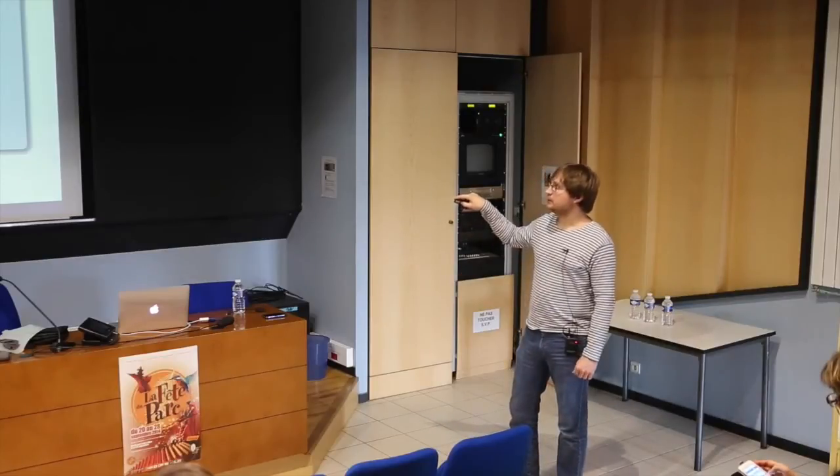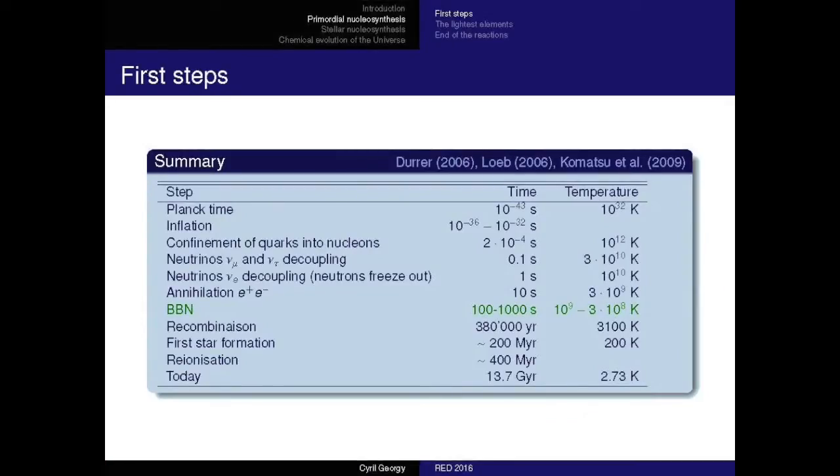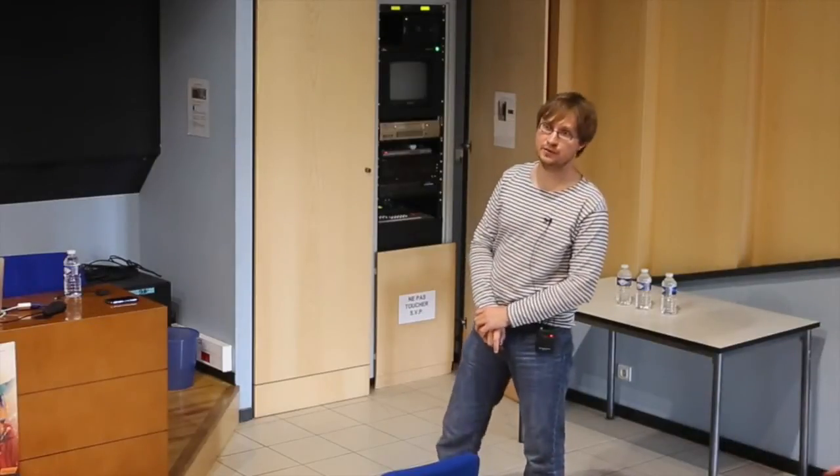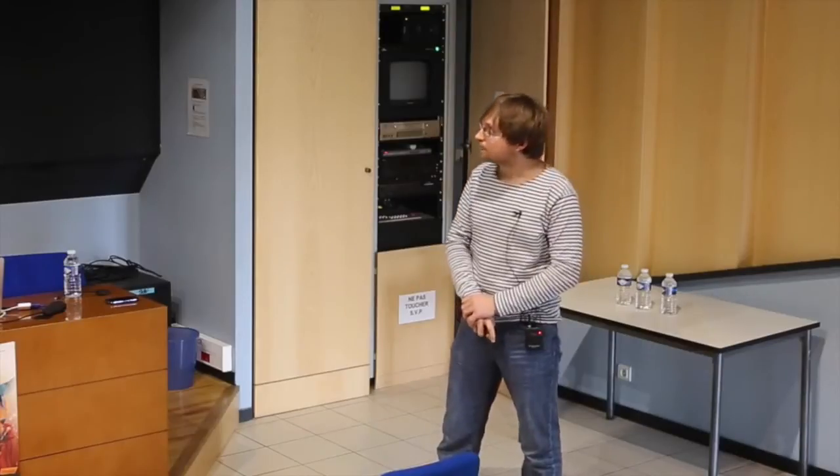Then a bit later, you have the decoupling of the mu neutrinos and the tau neutrinos. Maybe you know, I don't know, but neutrinos are very light particles that intervene principally in nuclear radioactivity, the beta disintegration.